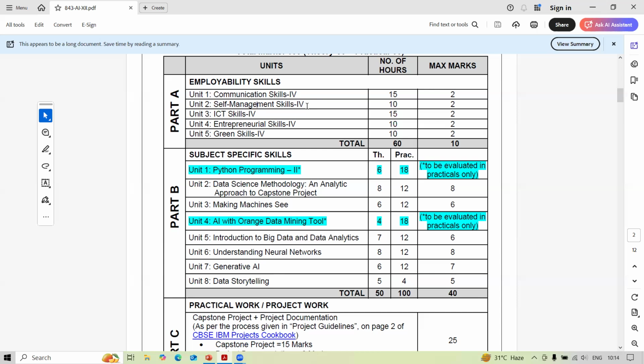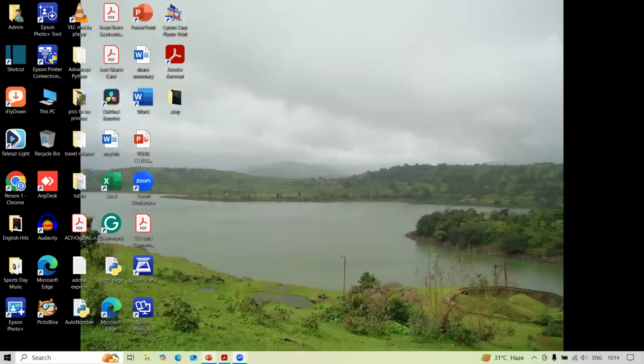Those personality disorders are something which is psychology related. You must not have studied about it at all. So that is absolutely new here. And like in ICT skills, we have Excel and PowerPoint skills to be developed in this case. Certain things which are new, I'll try to focus on that only. Right? So let me start with this part today.